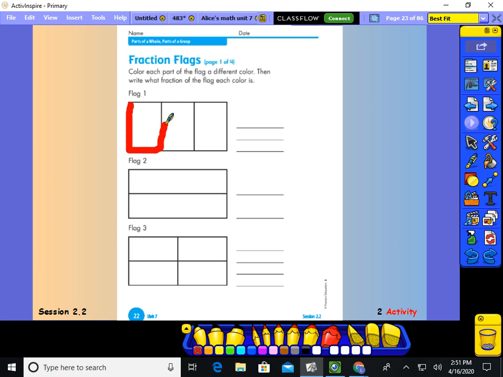They do so many of these that sometimes students will figure out, and they would be a lot neater than me, they figure out, well, if I just took out a red and went through the page and colored one part of every flag red, then I wouldn't have to pick up and put down my crayons as often.